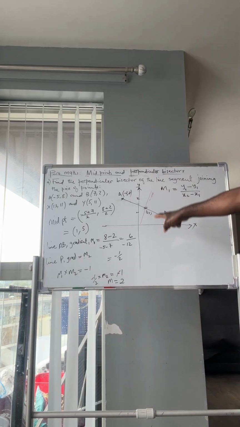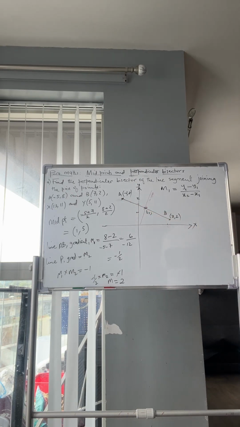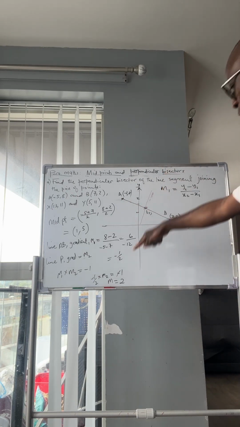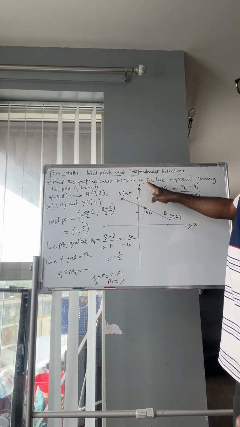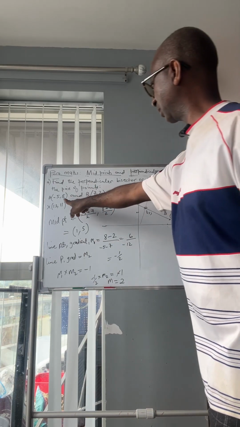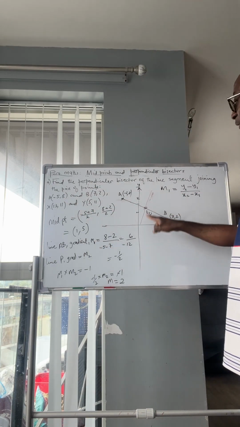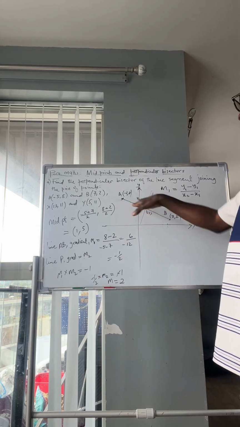So the gradient of this line perpendicular to the line segment AB is 2. The question is asking us to find the perpendicular bisector of the line segment joining these two points, so we are asked to find the equation of this line that bisects the line segment AB.